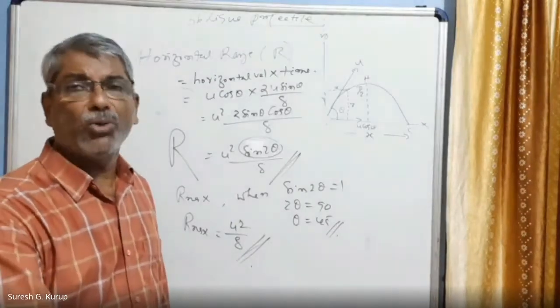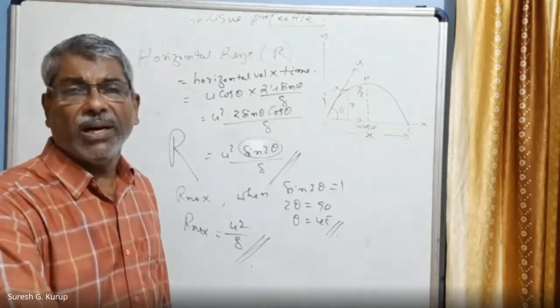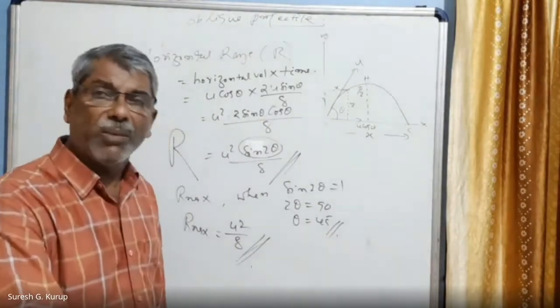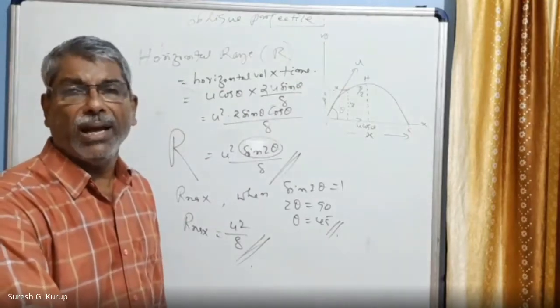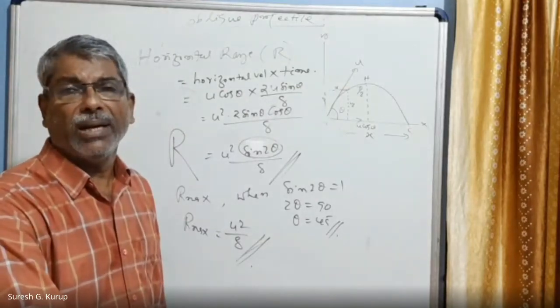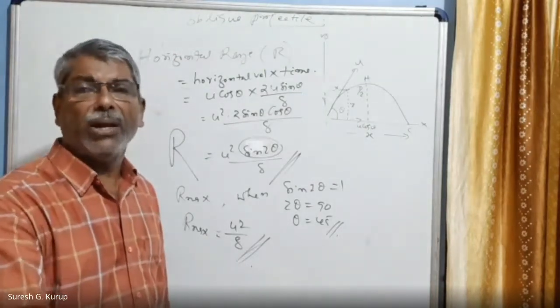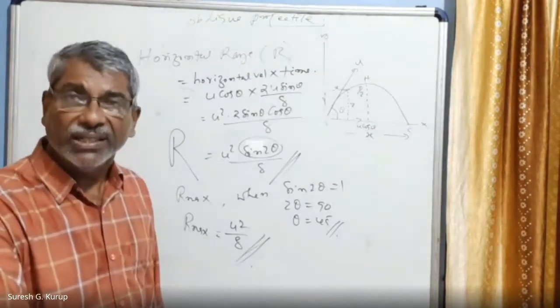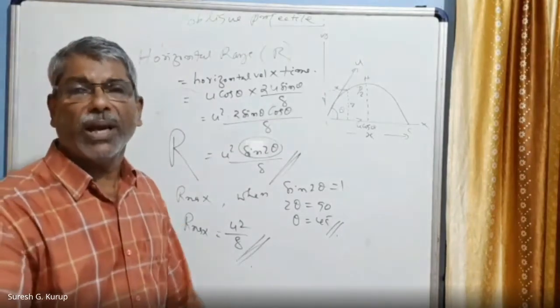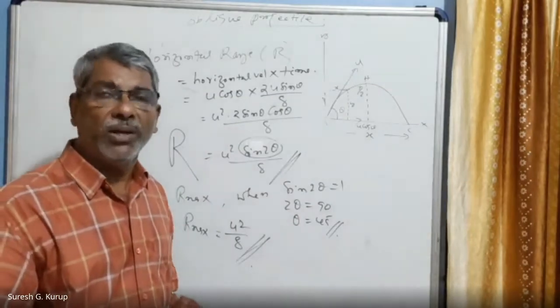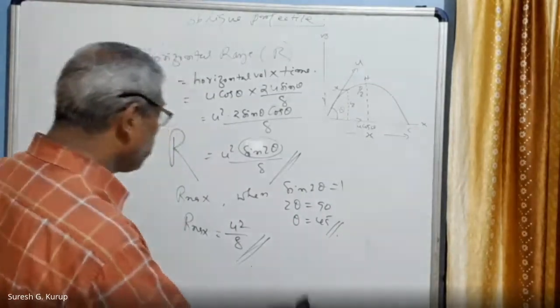For example, for 20 and 90 minus 20, which is 70, for angles of projection 20 and 70, the oblique projectile has the same horizontal range.